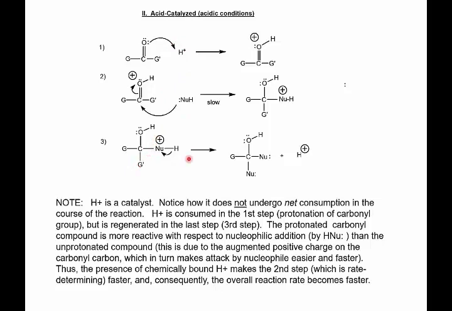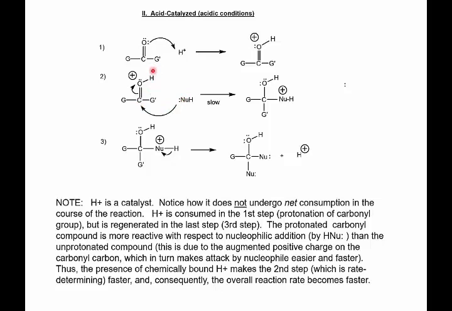Now, of these 3 steps, step 2 is actually the slow step. And if you think about it, that's the energetically harder step, attachment of the nucleophile. However, this is where the catalyst comes in. If the nucleophile tried to bond just to the neutral carbonyl group, it would be harder. But when the hydrogen ion is attached, that enhances the positive charge on that carbon, facilitating the attachment of the nucleophile.